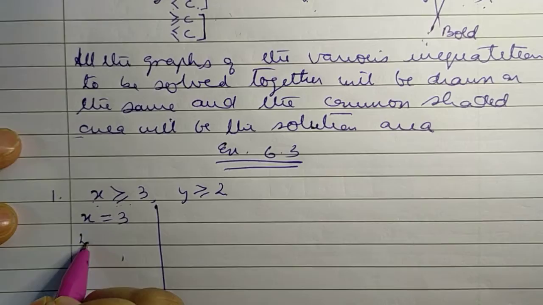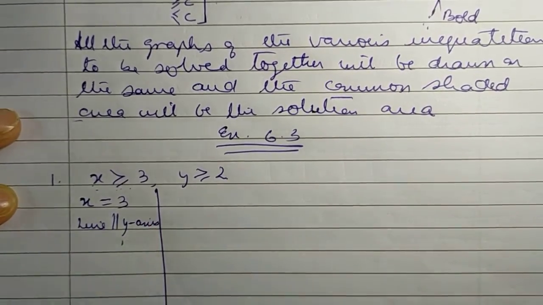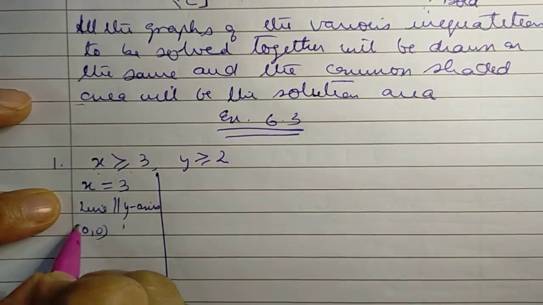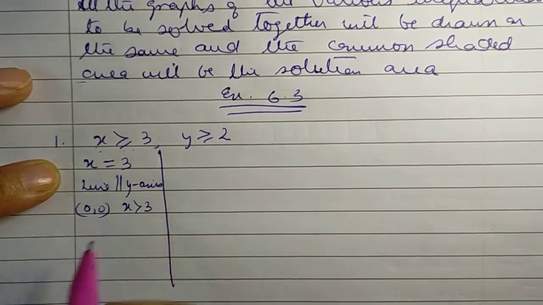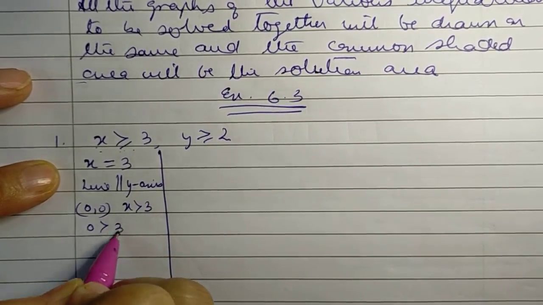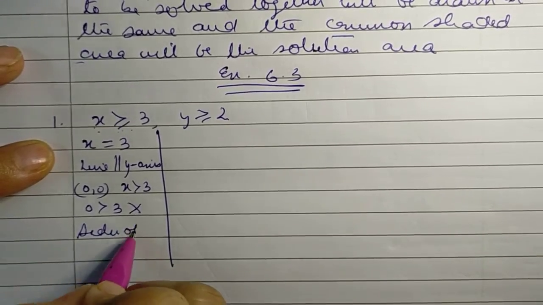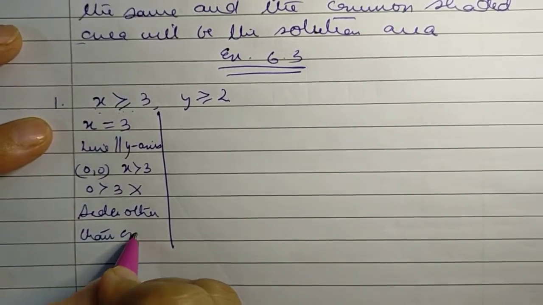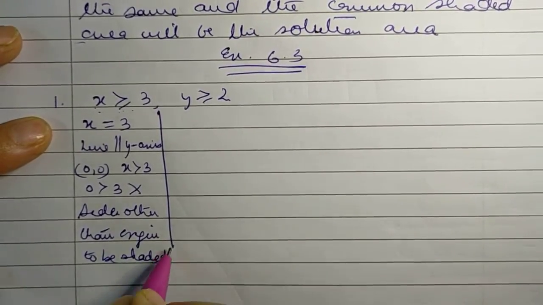Clearly it's a line parallel to the y axis passing through x equal to 3. Now we consider the origin and substitute it in x greater than 3. So 0 greater than 3 does not satisfy. So the side other than the origin is to be shaded as the solution area.